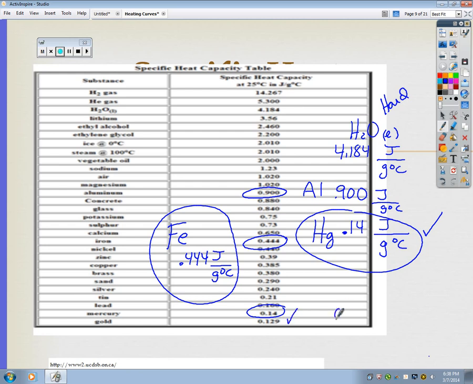Gold is 0.129, one of the lowest specific heats we know. It's super easy to heat up. So which would you rather touch if I put it in the sun, a gold plate or an aluminum plate? I'd rather touch the aluminum. It's going to be hot, but gold is going to be super hot because it's easy to heat up. Way easier than aluminum.